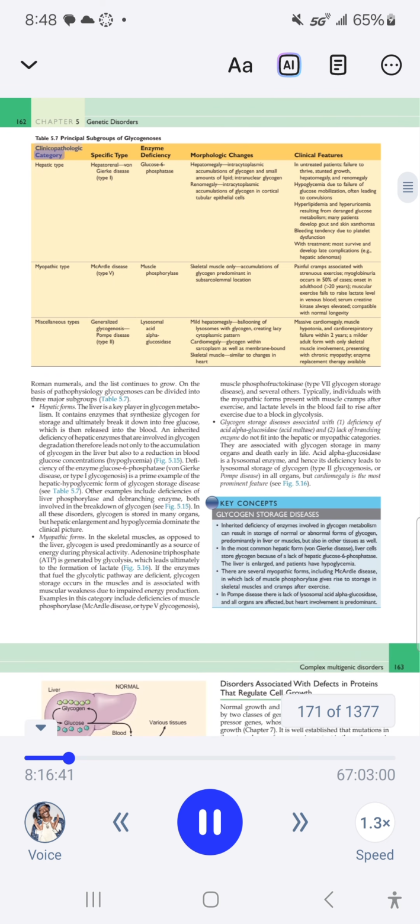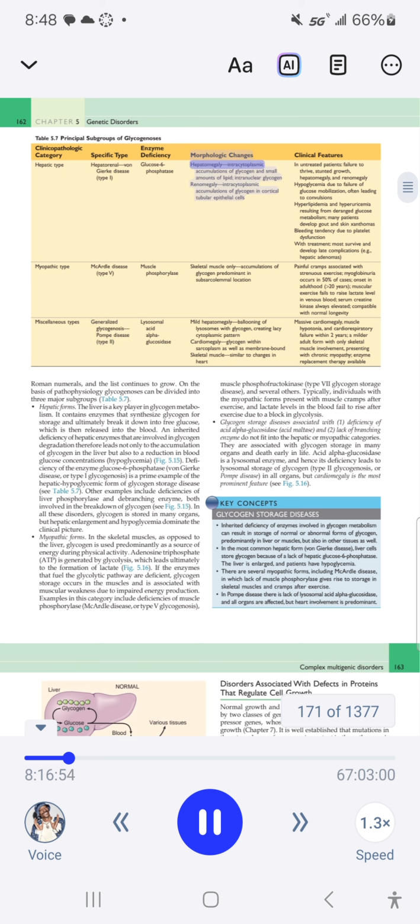Table 5.7. Clinical pathologic category: hepatic type, myopathic type, miscellaneous types. Subgroups of glycogenoses, 5 in principle, with specific enzyme deficiency: hepatorenal, von Gierke disease, glucose-6-phosphatase, type 1; McArdle disease, type V, muscle phosphorylase; lysosomal acid alpha-glucosidase, generalized glycogenosis, Pompe disease, type 2.